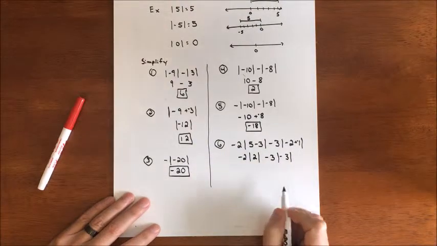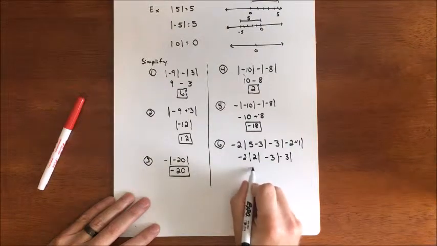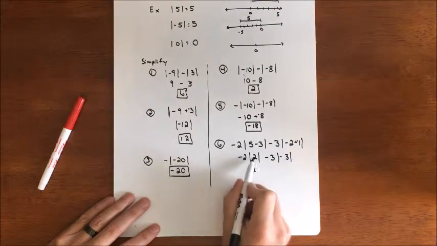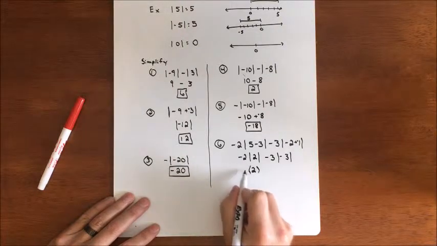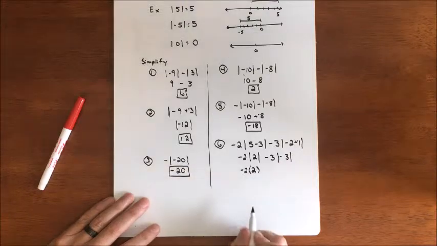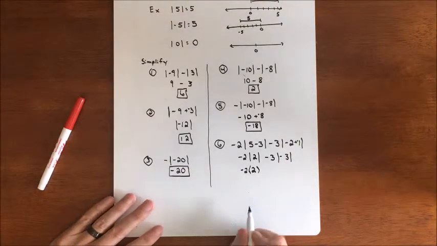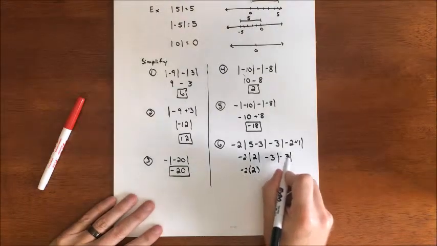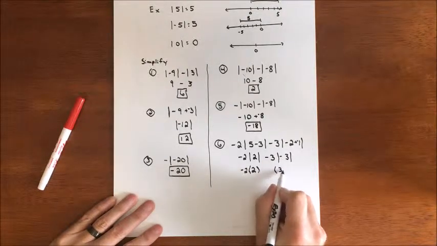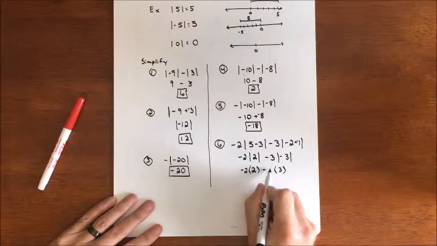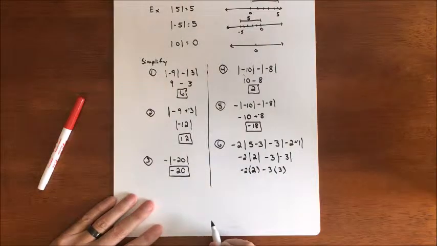And now we will finish it. So the absolute value of 2 is 2. And these are going to be multiplied together. So to separate that, I can use a dot, or I prefer to put parentheses there to make it a little more obvious that they're separated. And then we'll do the same thing here. The absolute value of negative 3 is 3. Bring down that term.